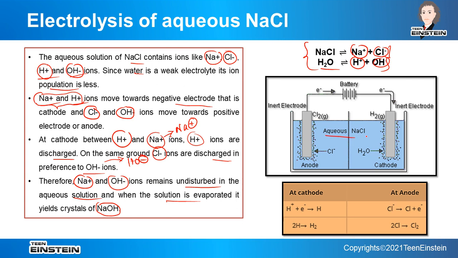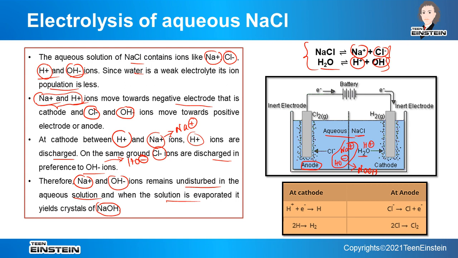Here we have taken aqueous NaCl, and at the anode only Cl- is moving, HO- is still there, and on the cathode side you can also consider it as if it is H+. So H2 is mentioned, but basically it is H+. So here, sorry, it will be Na+ remaining and HO- remaining. These two together will make NaOH.